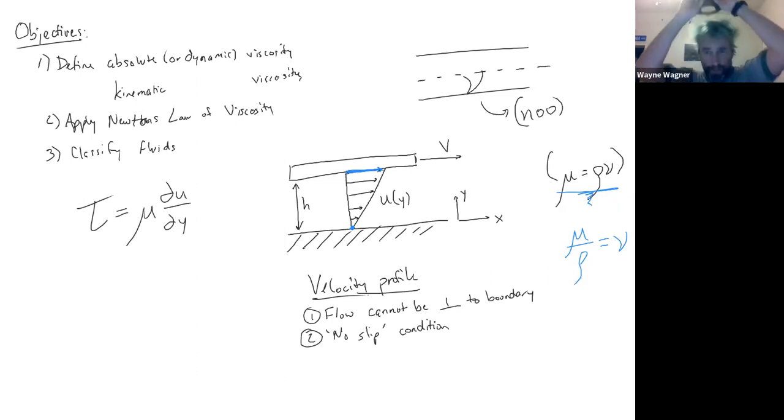This is kind of an interesting statement, and before you just write that down and go, okay, what? Or you're thinking, what is the tau? What's going on here? This is the shear stress.